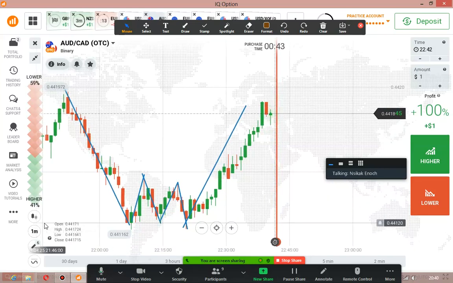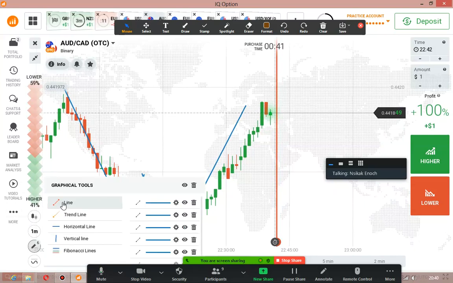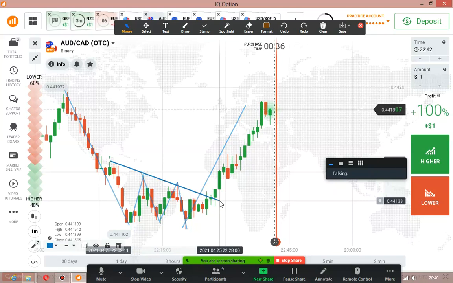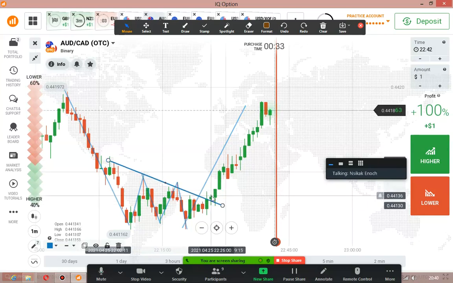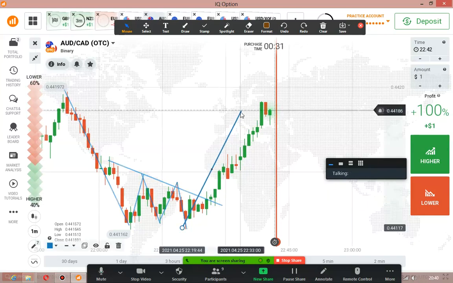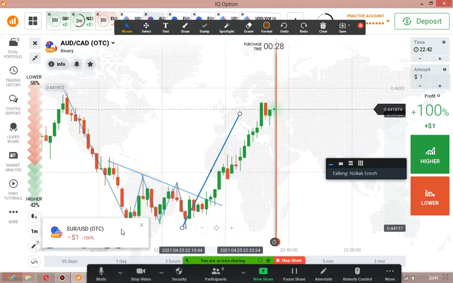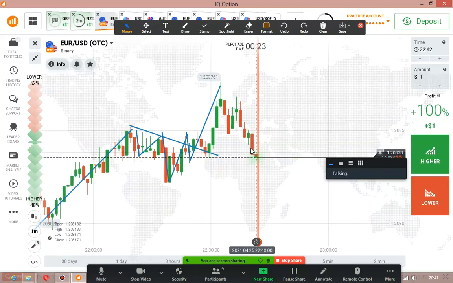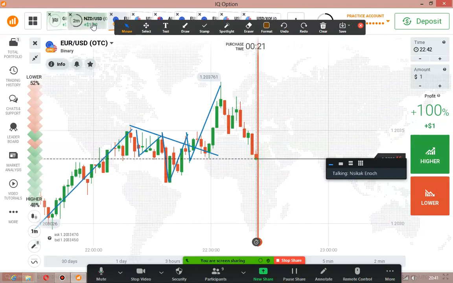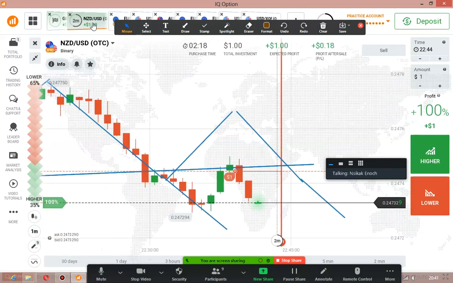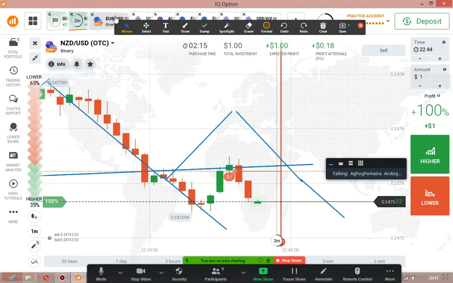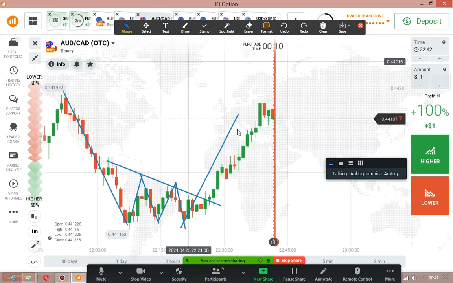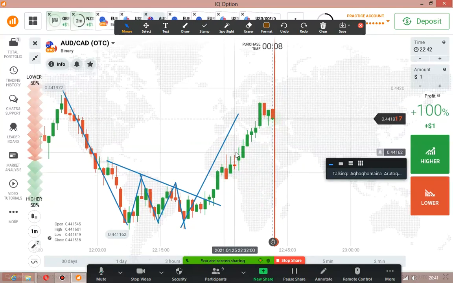So what we see in this kind of situation is when the market breaks this neckline, breaks this neckline, what happened after? Okay, the buyers have already stopped. Now the market is going more down. I think this one is going down. So the market is going up.